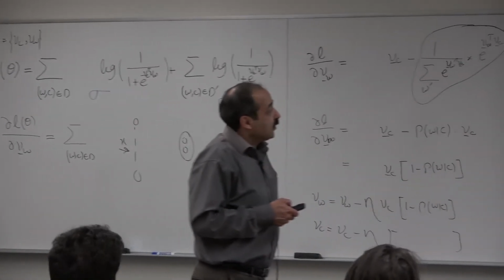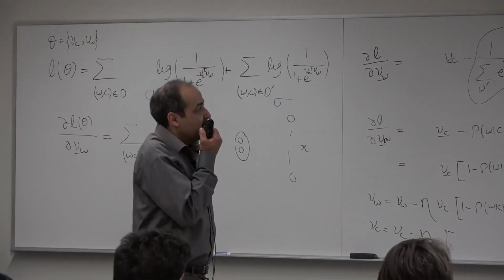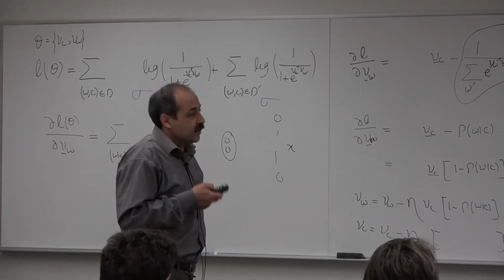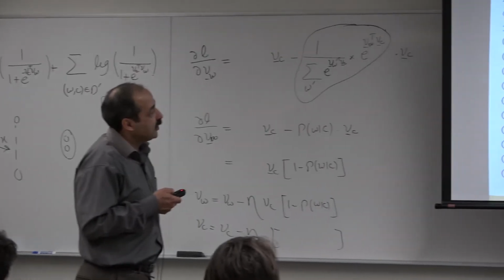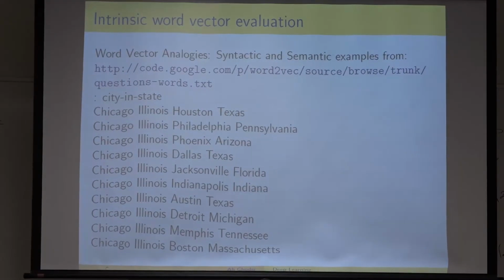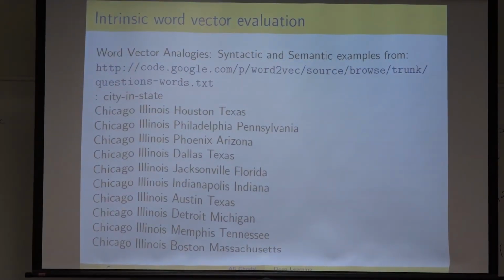Okay, here are some examples that they show. Besides those two relations that I showed you, for example, the relation between city and state. If you have some vectors, and you would like to see the relation between Chicago and Illinois, and you know this relation, then which vector has the same relation with Houston?